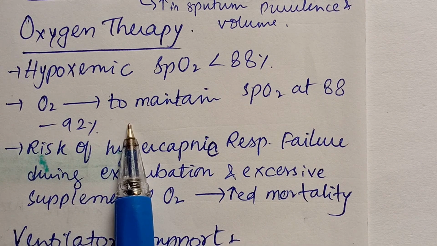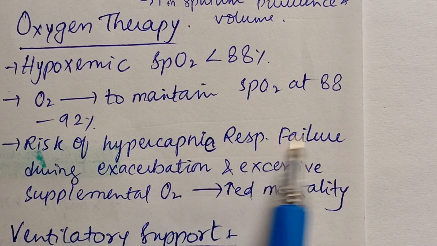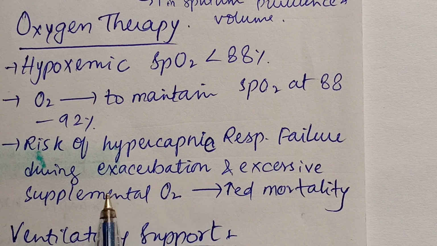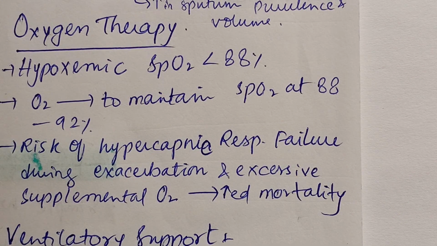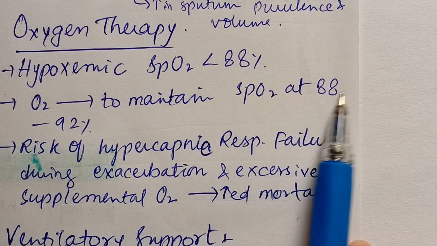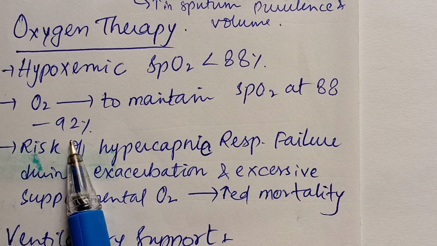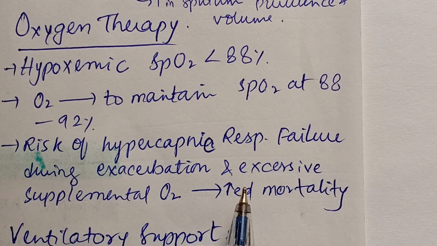But we have to give oxygen therapy very cautiously in COPD patients because there is a risk of hypercapnic respiratory failure during the exacerbation with excessive oxygen supplementation, and it can cause mortality. So we have to maintain SpO2 between 88 and 92%, not more than that, because it can be harmful for the patient with COPD.